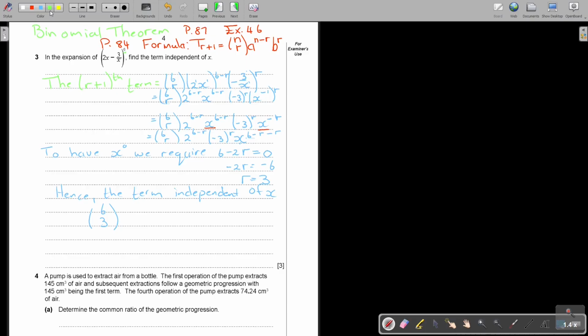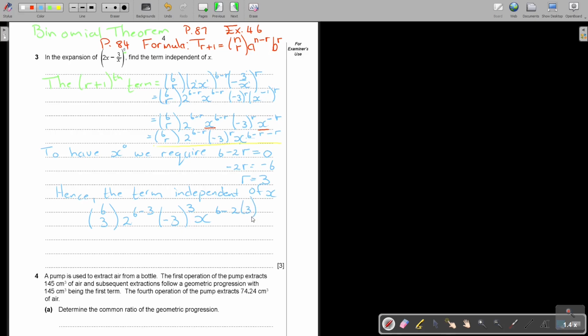I'm substituting it in there. I could have just made 2r in there. So it's going to be 6 over 3, 2 to the power 6 minus 3, and then negative 3 to the power of 3, and then x to the power 6 minus 2 times 3, or minus 3 times 2, doesn't matter.